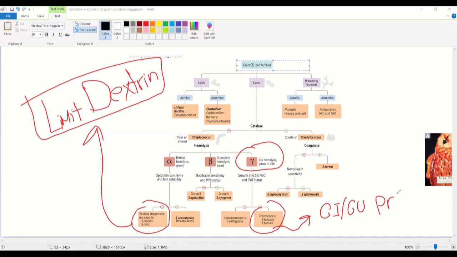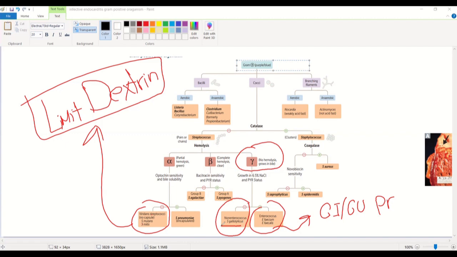Okay. The next, again, the high yield stuff, the Streptococcus. What is another name of this microorganism? S. bovis. And it is associated with colon cancer.